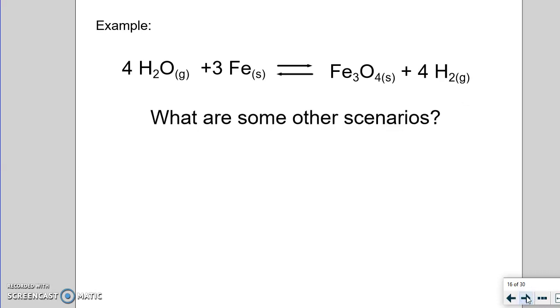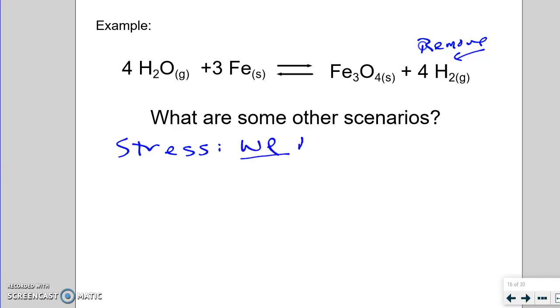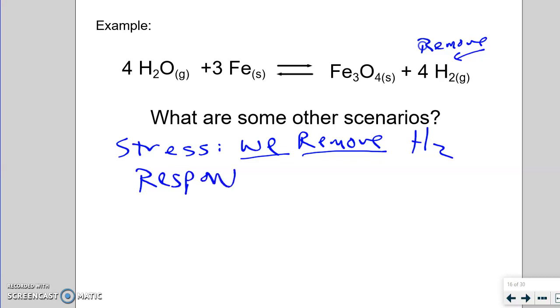So what are some other scenarios? Another scenario we might have is that we might remove hydrogen. So the stress is that we remove hydrogen. So the response from the system is the opposite.